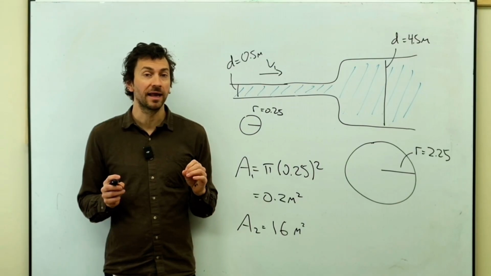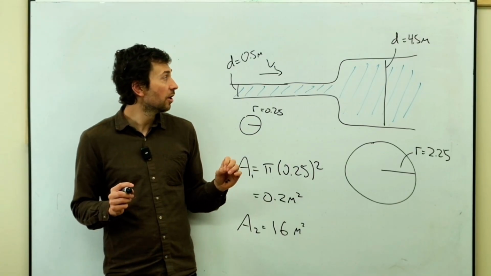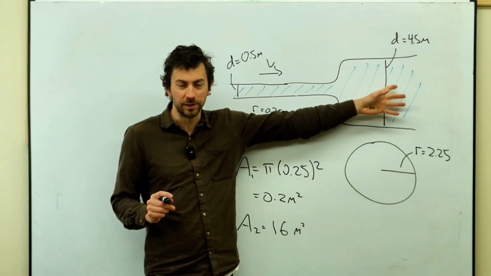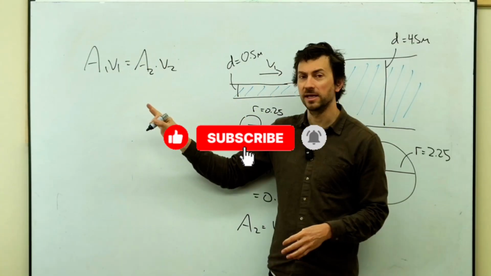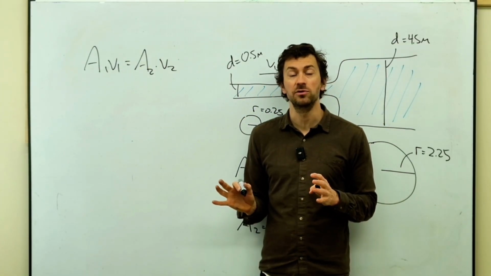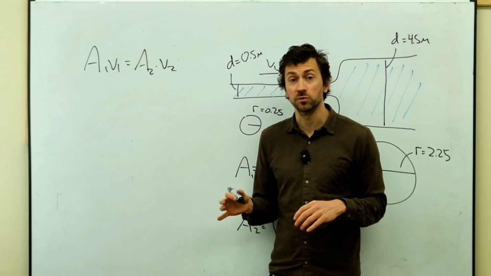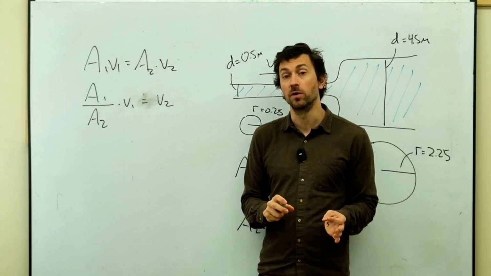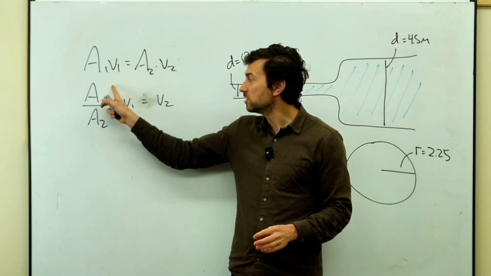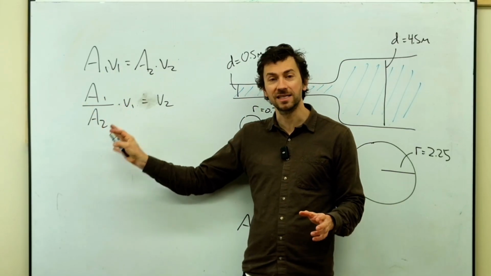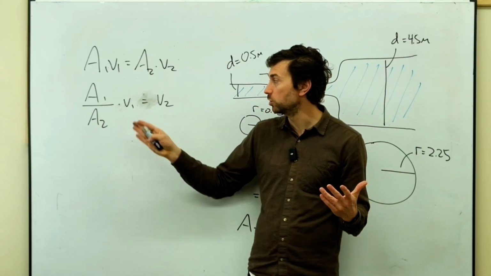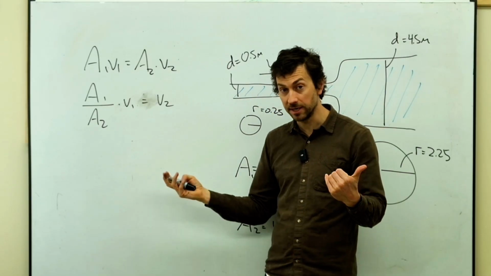So we could calculate how much faster the water will be here than there, or how much slower the water will be here than there. We say A1 times V1 is A2 times V2, and let's do it this way. A1 divided by A2 times V1 is equal to V2. That is a ratio, we call this a step down ratio, because this area is getting larger, which will cause the velocity to step down.